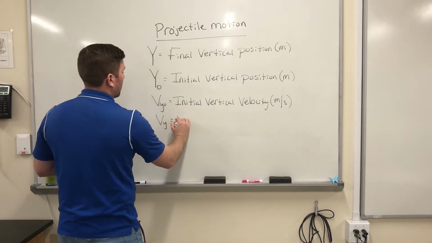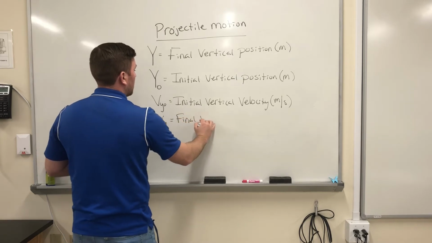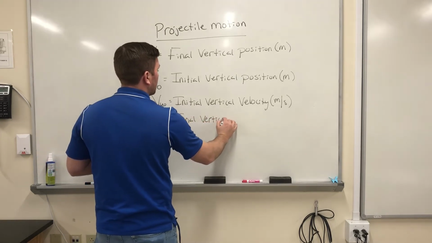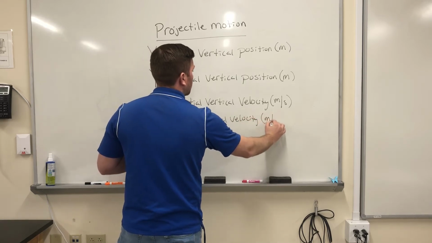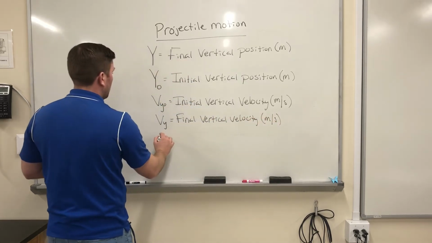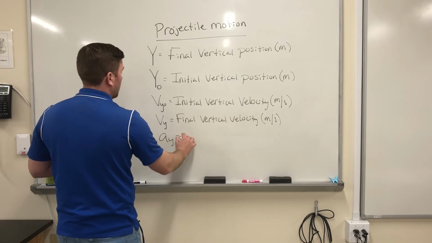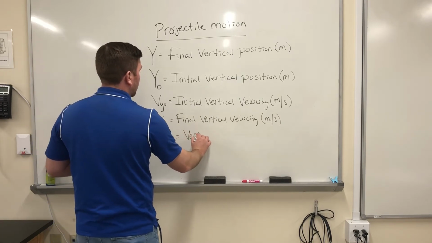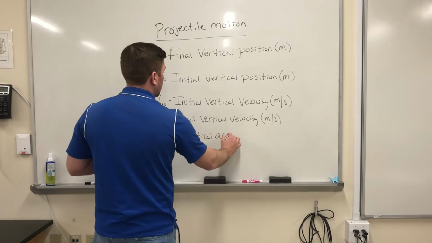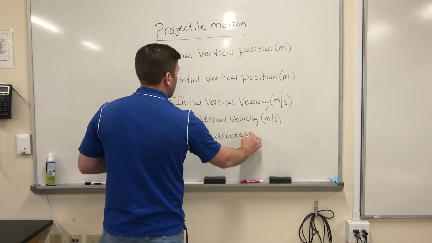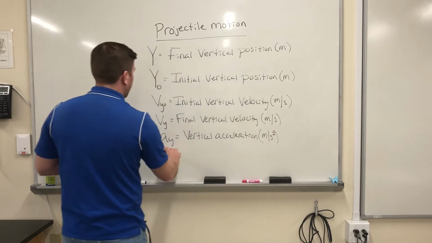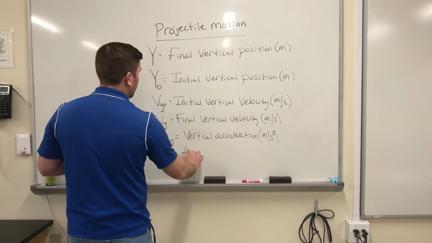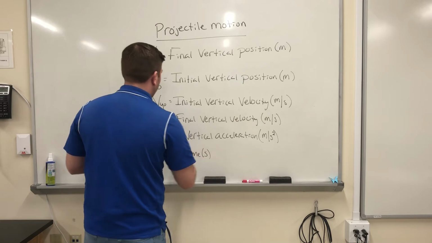Vy is final vertical velocity, also in meters per second. AY is our vertical acceleration in meters per second squared. And T, again in these equations, still stands for time, still measured in seconds.